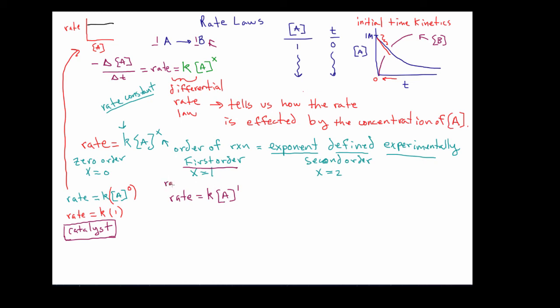So the rate is directly proportional to concentration. Alright, now let's play around with this a little bit so you can see what I'm talking about. Remember that the rate constant is a constant, so I'm essentially going to ignore that here.